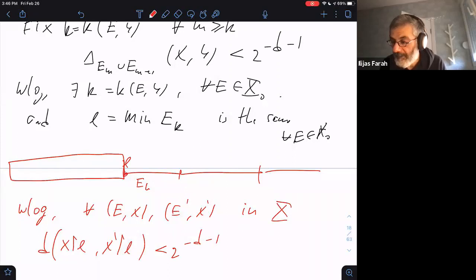So if I look at distance up to this point, they're all going to be close to one another.